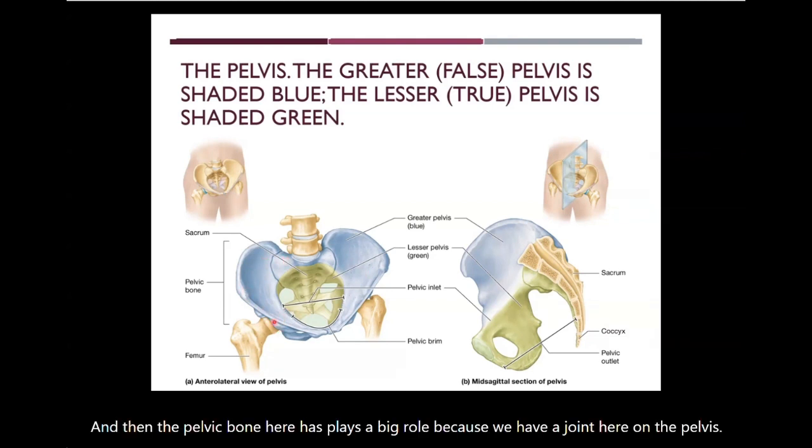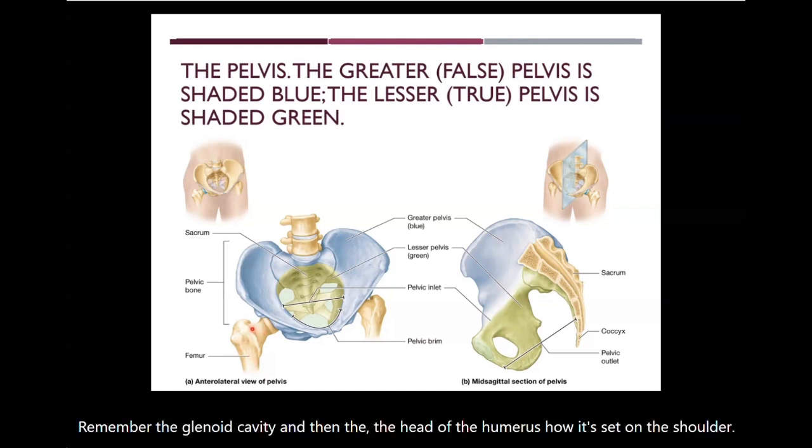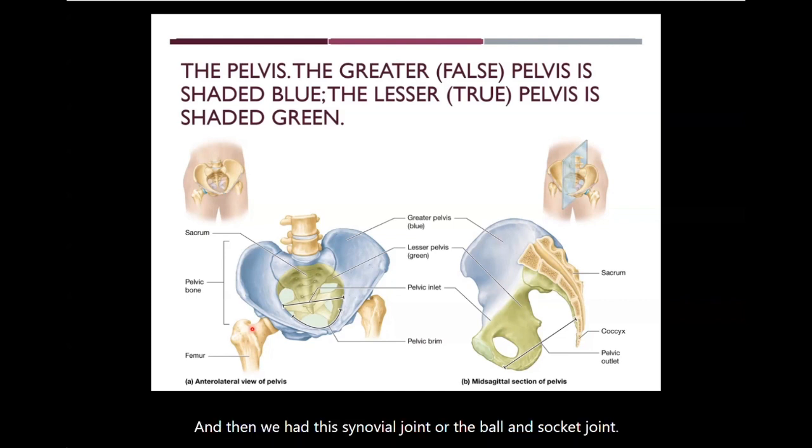The pelvic bone plays a big role because we have a joint here, an opening, a cavity where the femur's head attaches, and then we have another ball and socket joint, okay? Remember the glenoid cavity and the head of the humerus on the shoulder, the synovial or ball and socket joint.